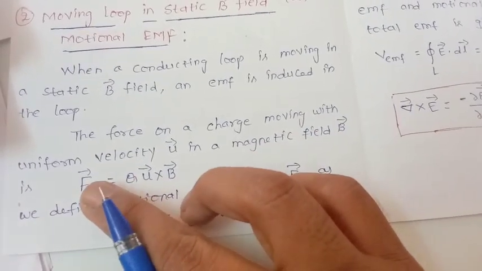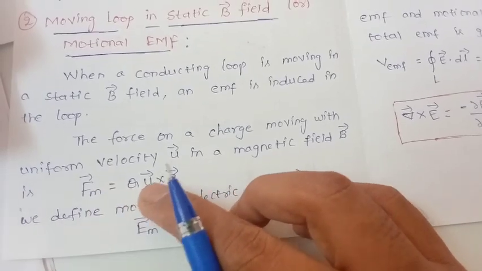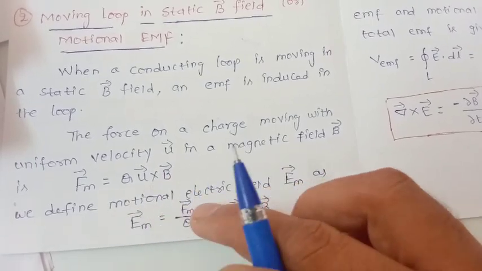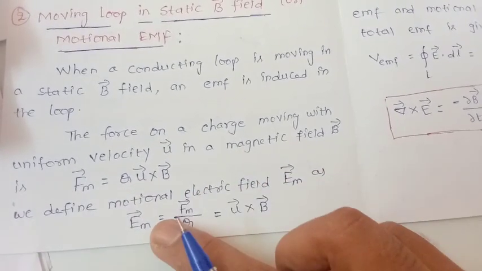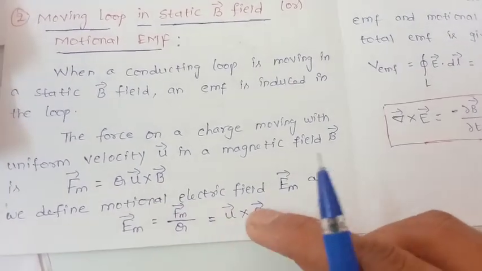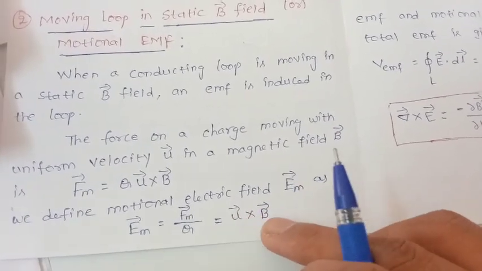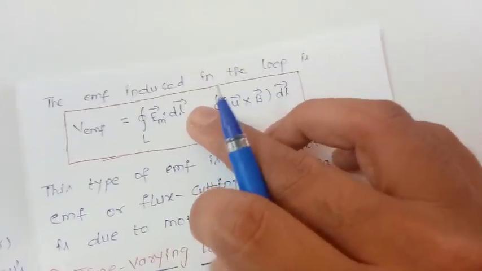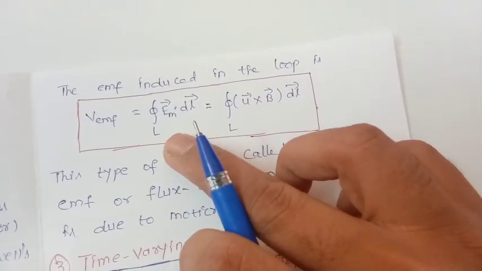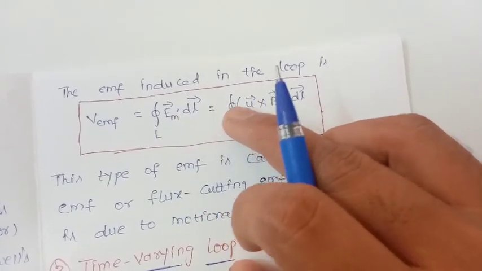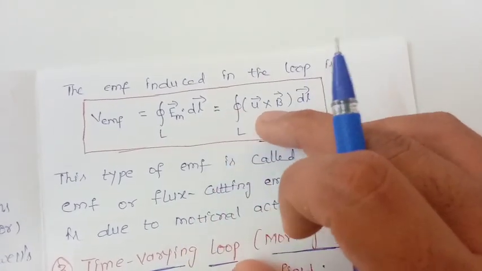We know that the magnetic force or motional force is equal to q, the velocity, cross the magnetic field intensity. Now we define the motional electric field. Electric field is equal to force upon charge. Therefore force upon charge is equal to the cross product of the velocity of the charge and the static magnetic field. According to Faraday's law, the EMF induced in the loop, V EMF, is equal to the closed line integral of the motional electric field, which is the closed line integral of U bar cross B bar.